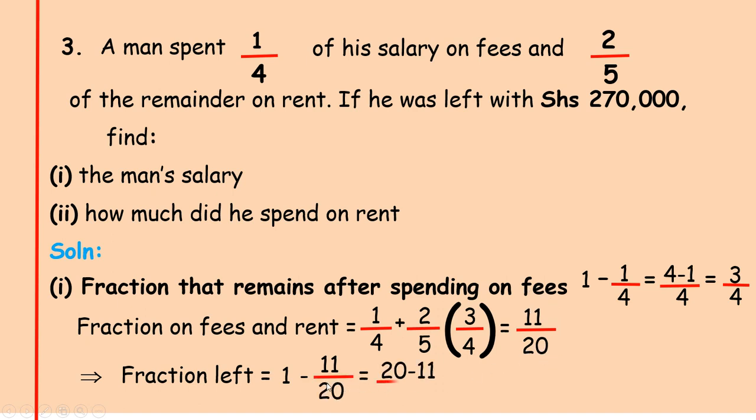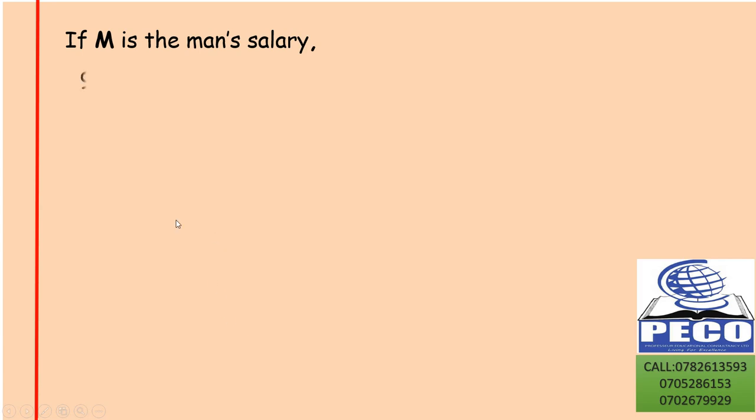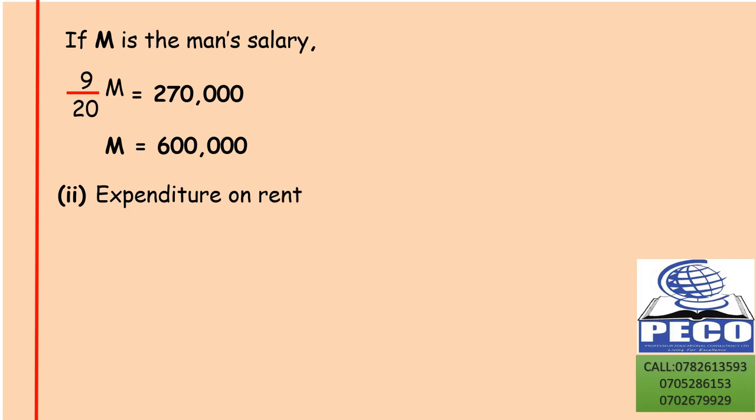So this is 20 out of 20, and 20 minus 11 gives us 9 out of 20. So if M is the man's salary, then 9 out of 20 of M is equivalent to 270,000. And after we cross multiply, M is 600,000.